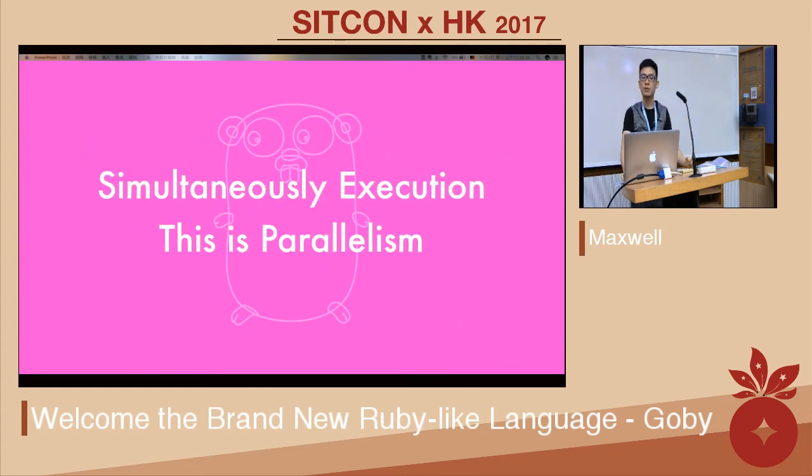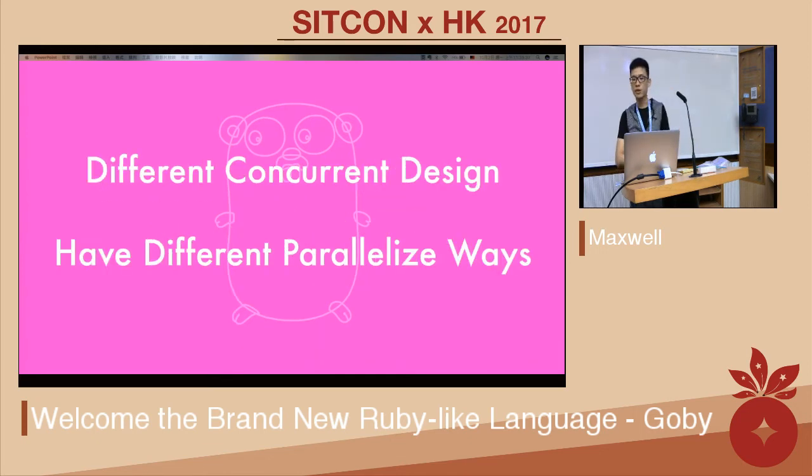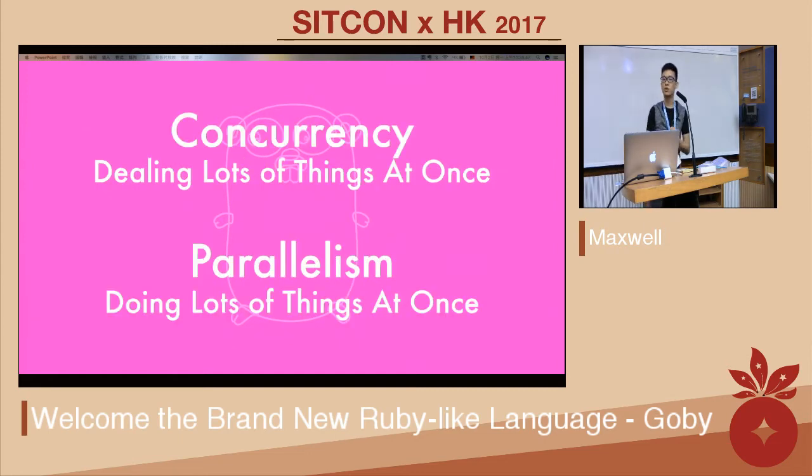And parallelism emphasizes the idea of doing the same thing simultaneously. So different concurrency patterns result in different parallelizable ways. And back to the definitions of the 2 terms: concurrency deals with breaking the task into multiple subtasks and arranging, organizing, and structuring them.